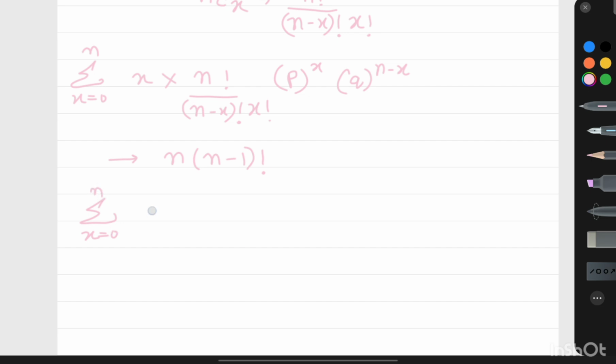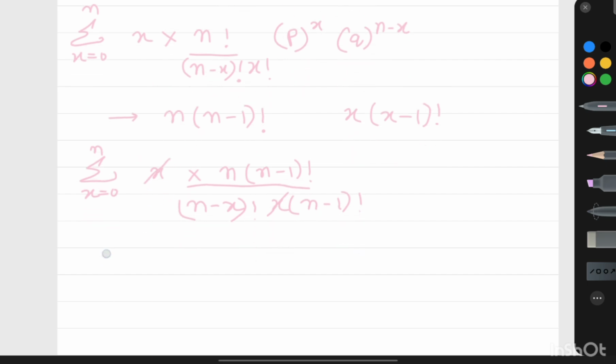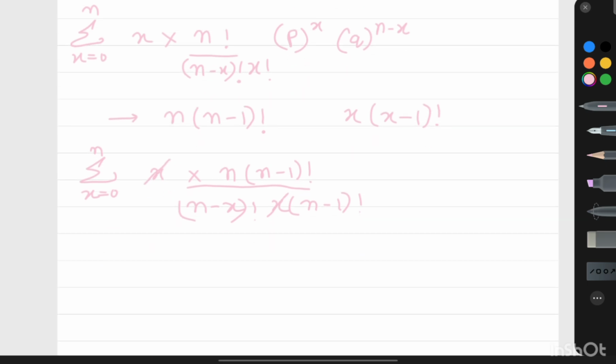Okay, so x into n into (n minus 1) factorial, and we are going to write the rest as it is. We are going to open x factorial as well, because x factorial can be written as x into (x minus 1) factorial, right? So now we are going to do this. Okay, this is going to be written the same. Now this x cancels out. Okay, sorry, this is not n, this is x. Just a minute.